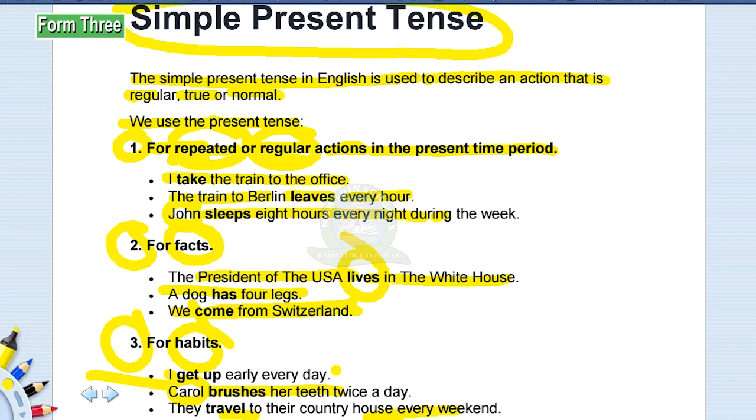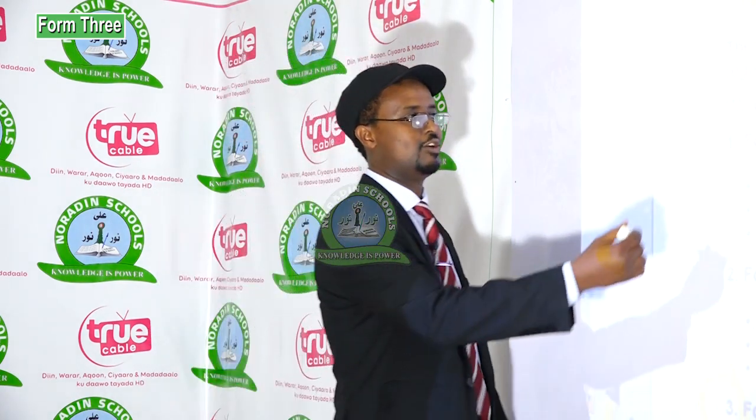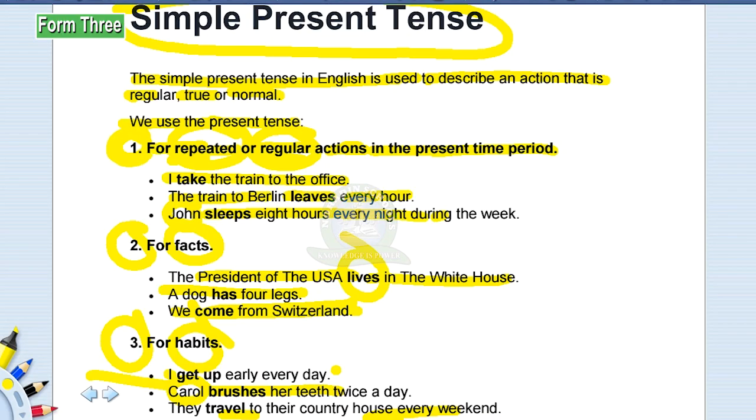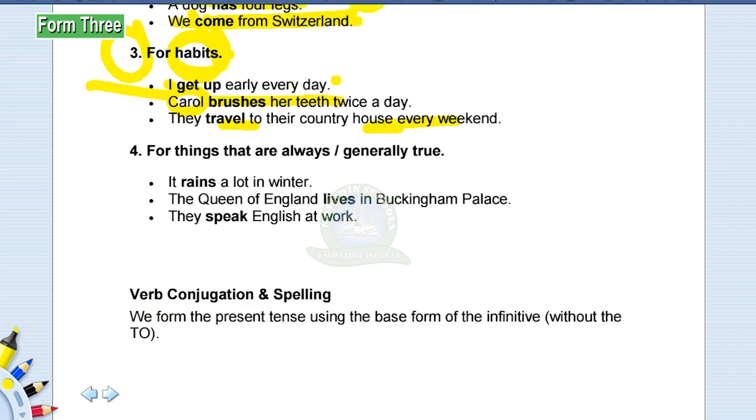My dear, these uses are very, very important. You have to always memorize and revise these uses: for regular actions in the present time, for facts, and finally, for habits.